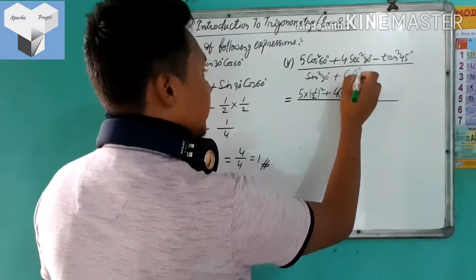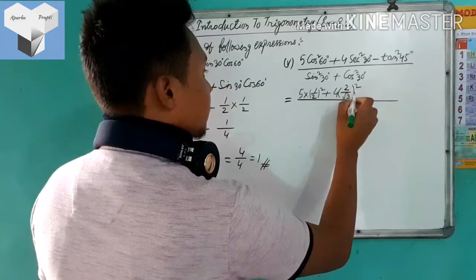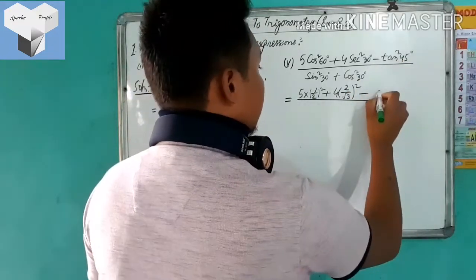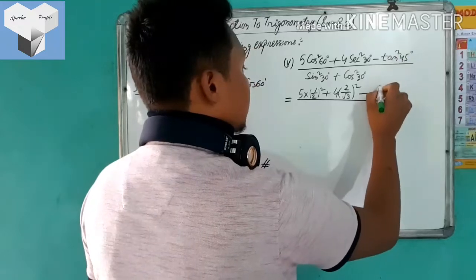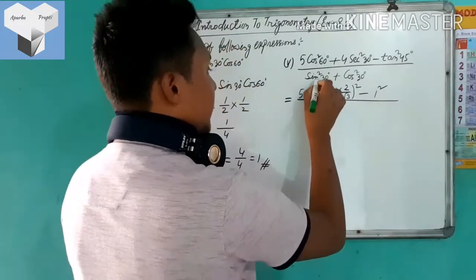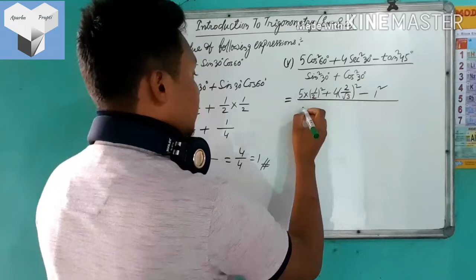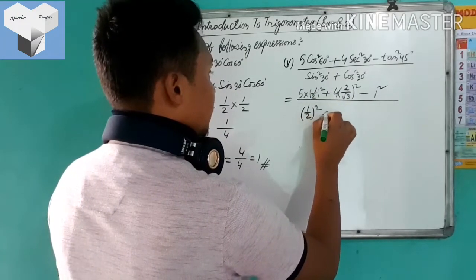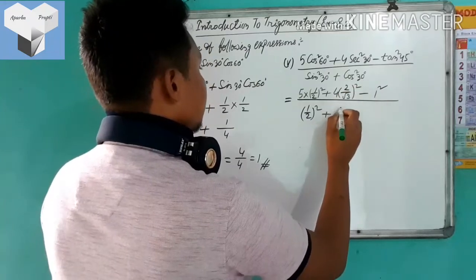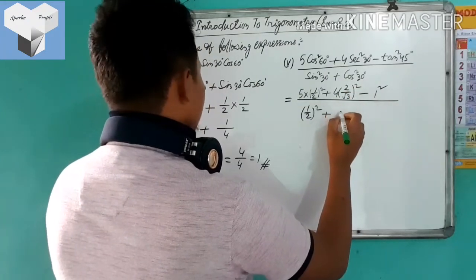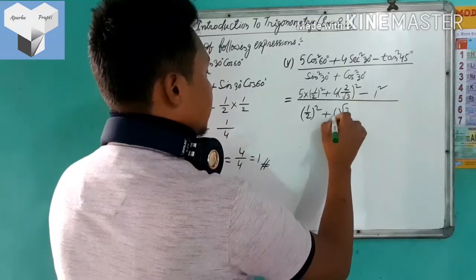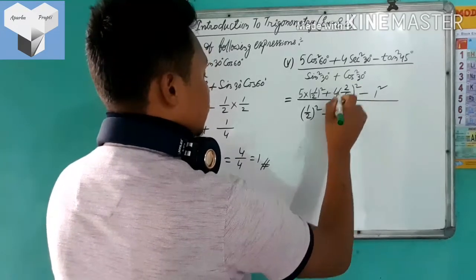Since it is sec square 30 degree, we need to square this. Minus will remain as minus, the value of tan 45 degree is 1, and the square of this will be 1 square. In the same way, sin square 30 degree, that is half, and its square. Cos 30 is root 3 by 2, isn't it? Cos 30 is root 3 by 2, and this is also squared.